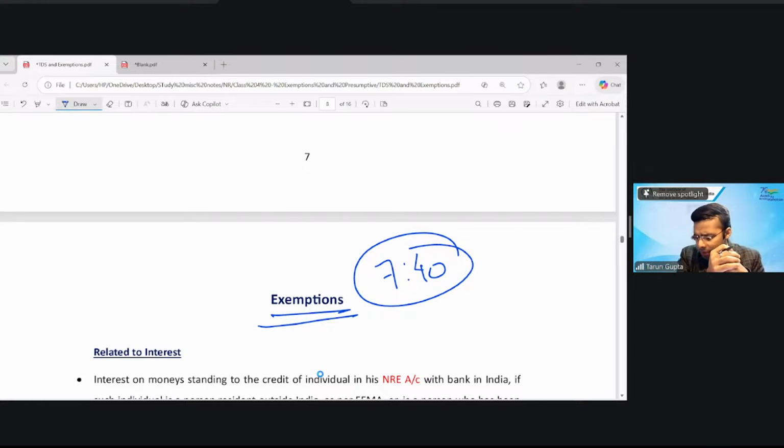Then we discussed different sections which are part of domestic TDS but still cover the non-resident recipient as well. Important ones include 194LB, which provides for a 5% TDS rate on payment of interest to the non-resident, subject to the satisfaction of conditions mentioned there.